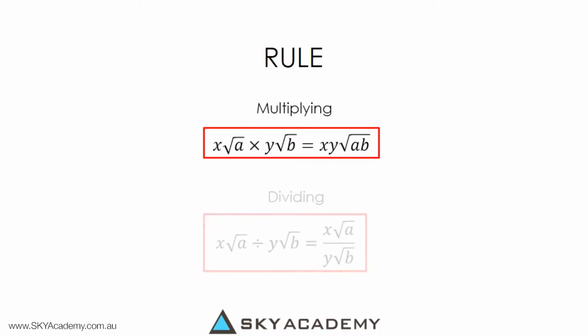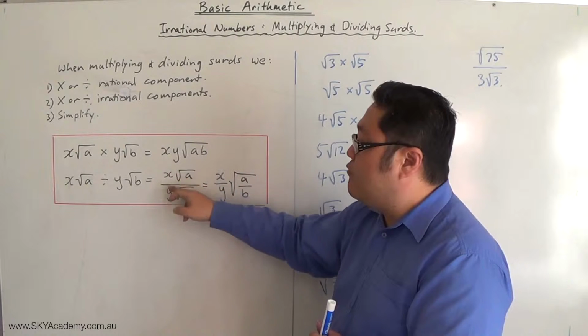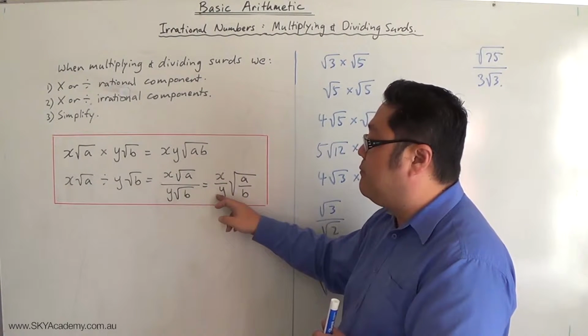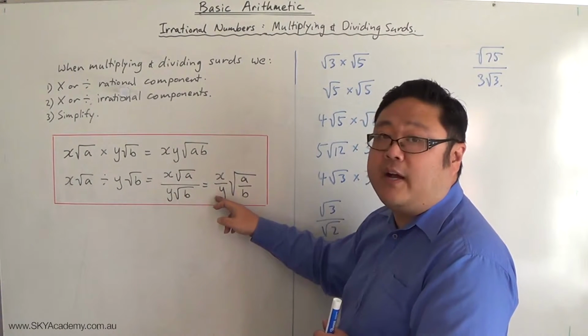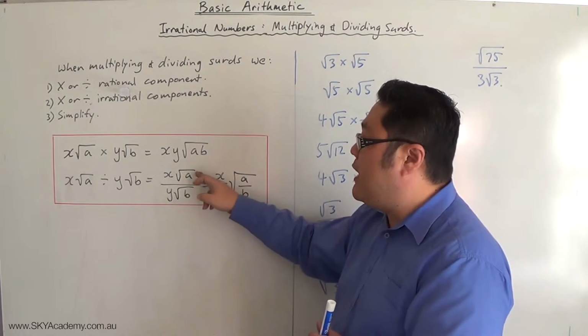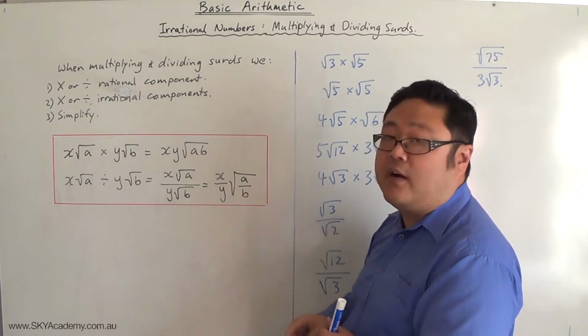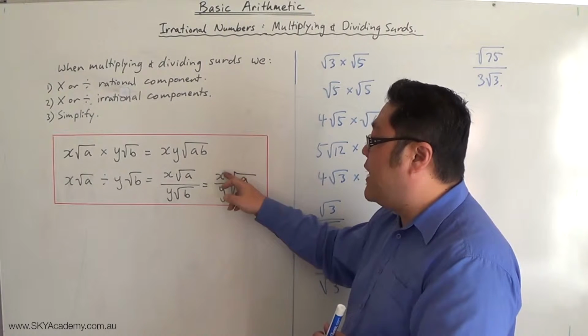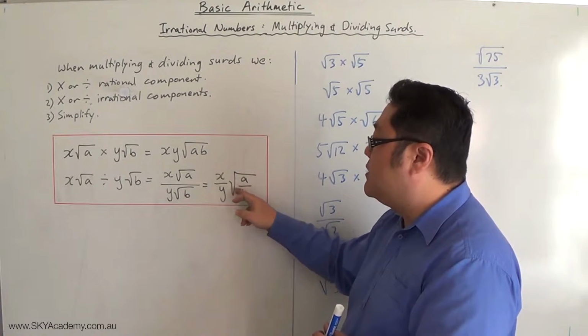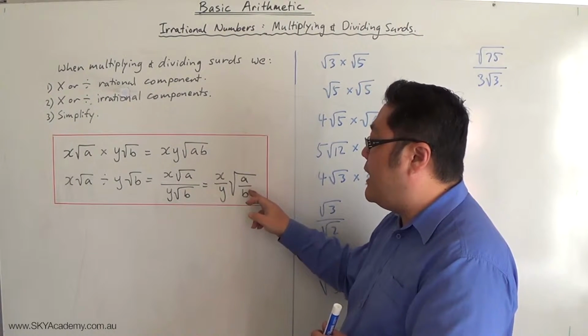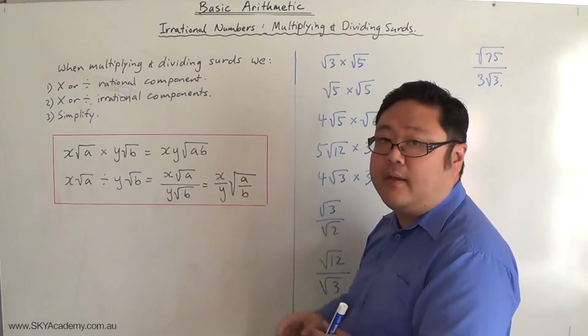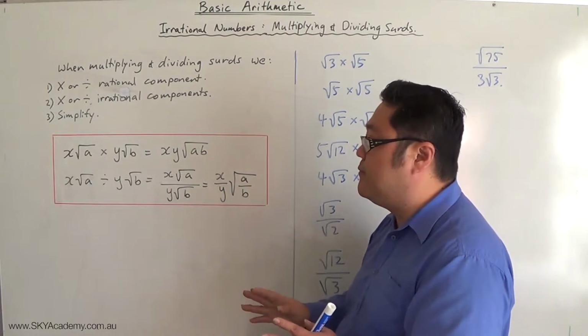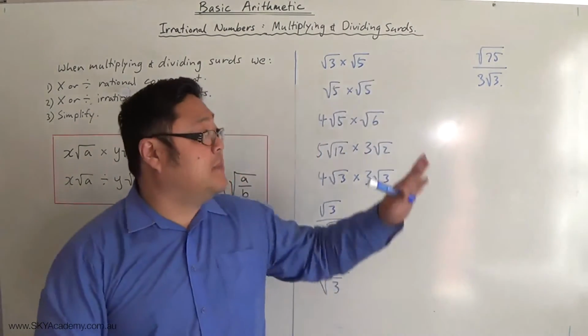When you're dividing, x root a divided by y root b, the rational components can be divided one into the other, and the irrational components can be divided one into the other. So you're left with x on y times the square root of a on b. Does that make sense? Let's have a look at some examples.